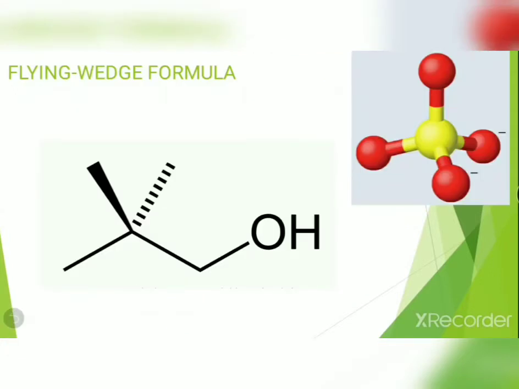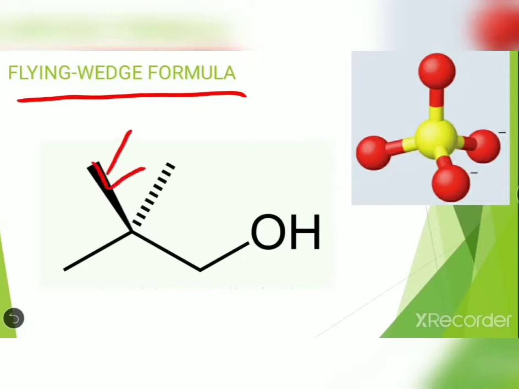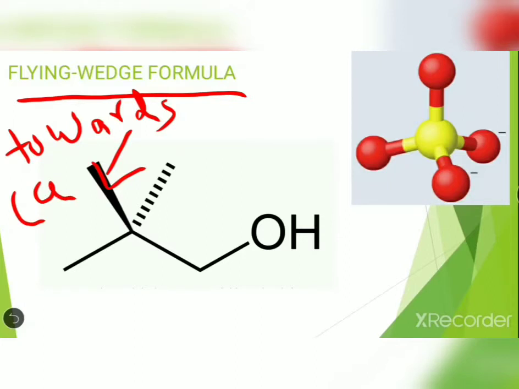The most common method of representing the three-dimensional structure is by using the flying wedge formula, also called the wedge-dot formula. A solid wedge or a heavy line represents the bond projecting towards or above the plane of paper.